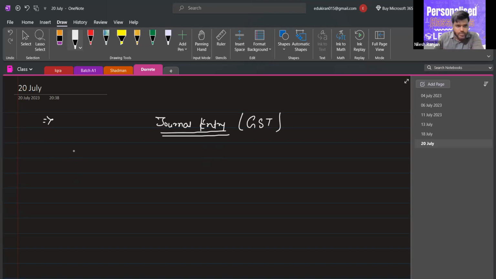The first entry is for purchase of goods.